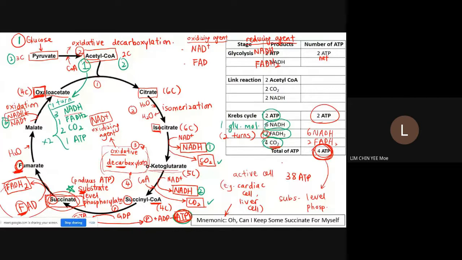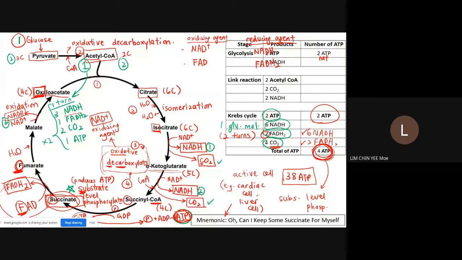They should produce 38 ATP in total. Dari satu glucose molecule sepatutnya akan dapat 38 ATP. Tapi sekarang semua hanya 4 sahaja. Mana yang lain masih dalam NADH and FADH2.